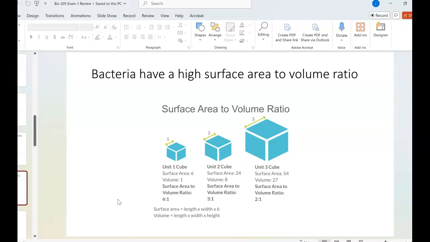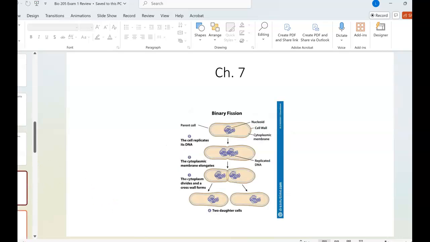Our eukaryotic cells, because they're bigger, they have to employ some other things to help increase that surface area to volume ratio. So one of the things is flattening, folding. Anytime that you fold things in biology, you know we increase the surface area, and compartmentalizing. So by the eukaryotic cell having those organelles, that's going to increase its surface area to volume ratio.